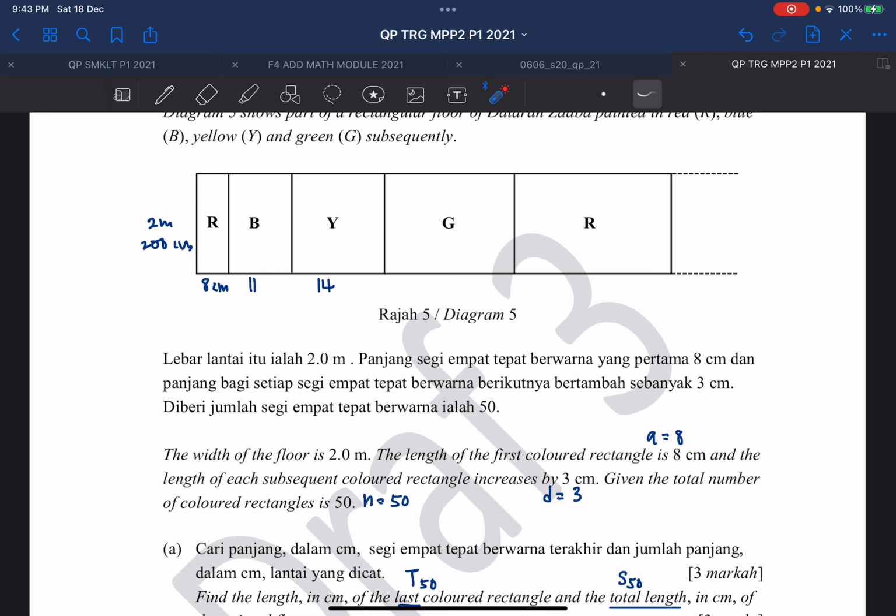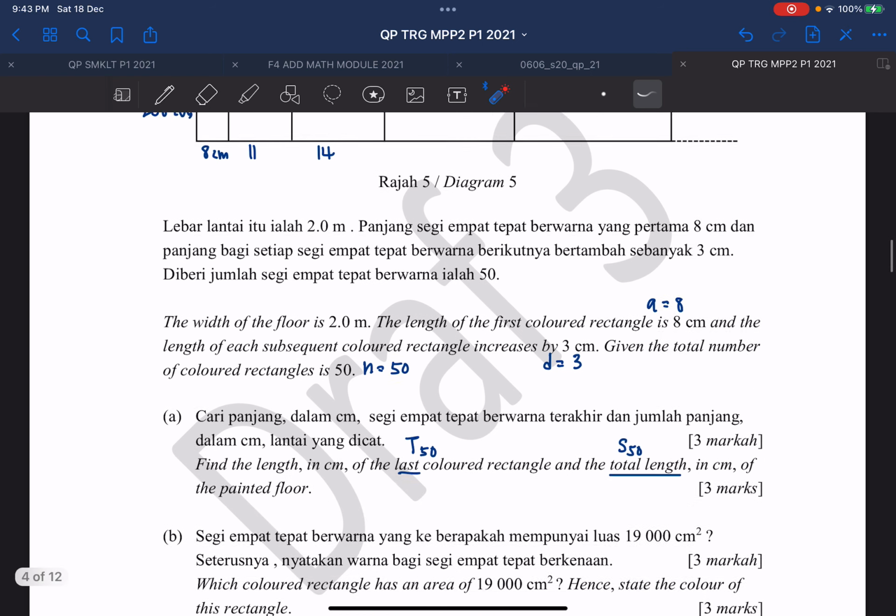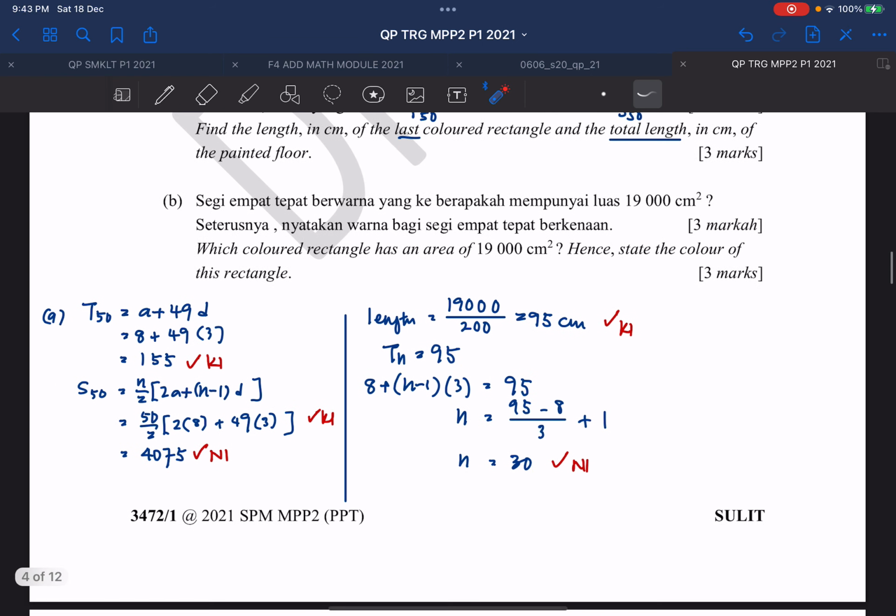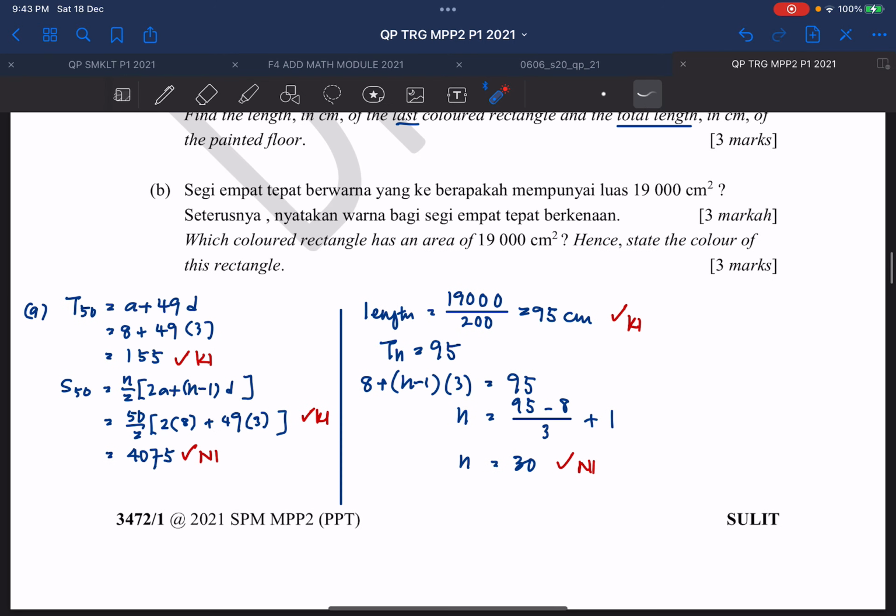The fastest way is to find the multiple of 4 which is nearest to 30, which is 28. We have 24, then 28, then 32, and so on.